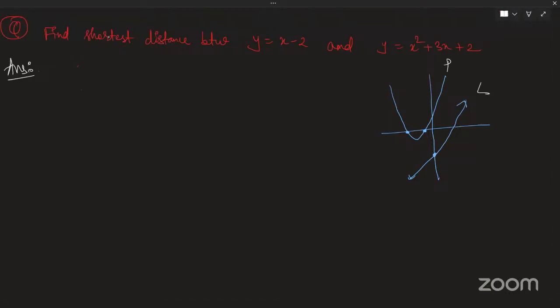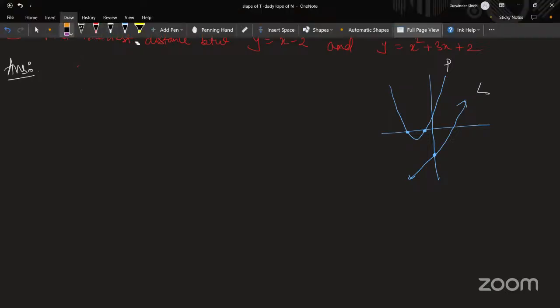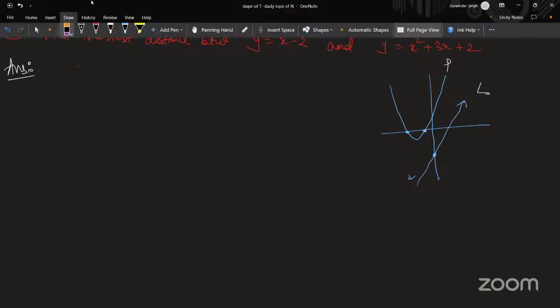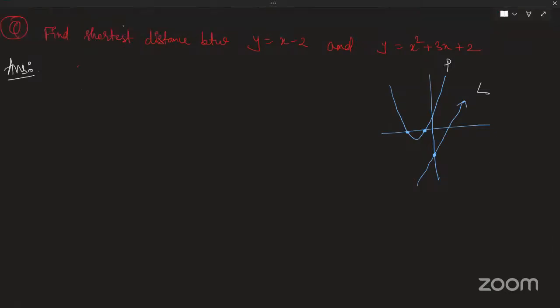How will you do this? Can you think of any logic? Shortest distance between two curves. In general, this is a very small concept. For example, you have two curves.